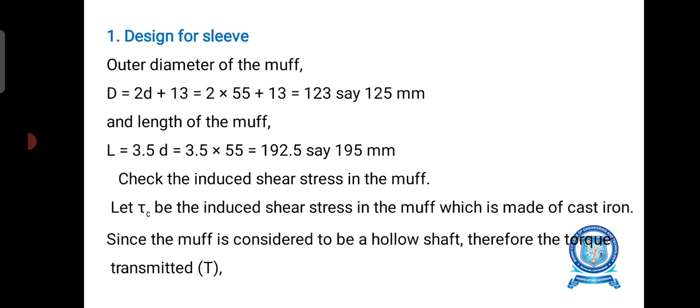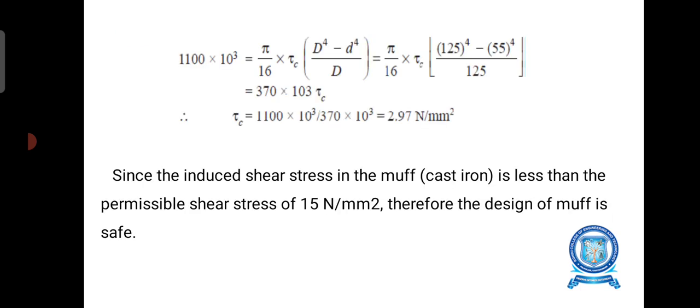Since the muff is considered to be a hollow shaft, the torque transmitted T equal to pi by 16 into tau c into capital D power 4 minus small d power 4 divided by capital D. So 1100 into 10 to the power 3 equal to pi by 16 into tau c into 125 power 4 minus 55 power 4, divided by 125.